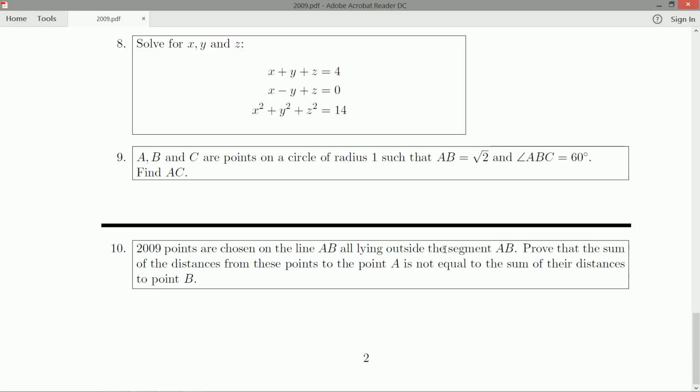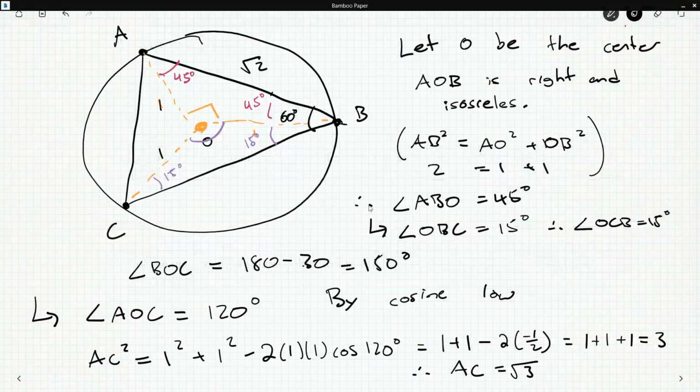Okay, so let's draw a little bit of a picture here. It's a little confusing when they say line and line segment. So what have we got here? We've got A and we've got B, and then we have a whole bunch of points all lying on the outside. Some of them are going to be closer to A, some closer to B, but I have no idea how many.